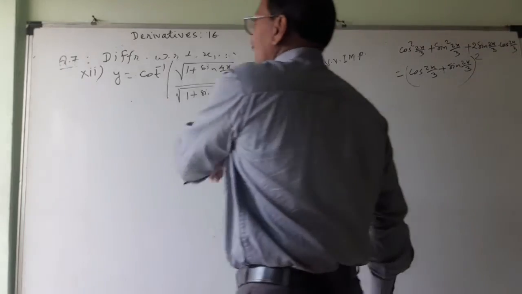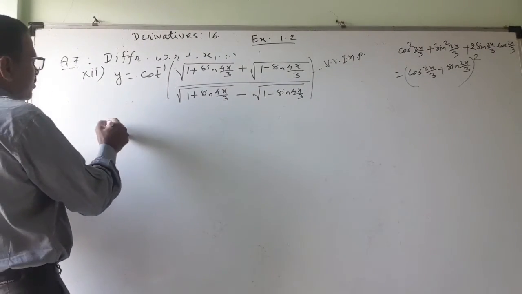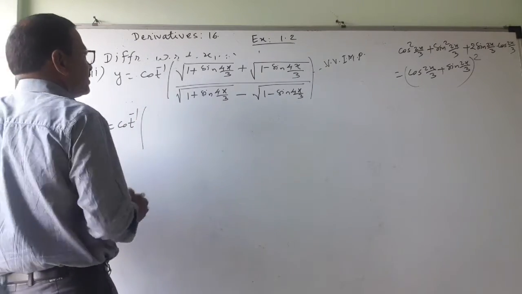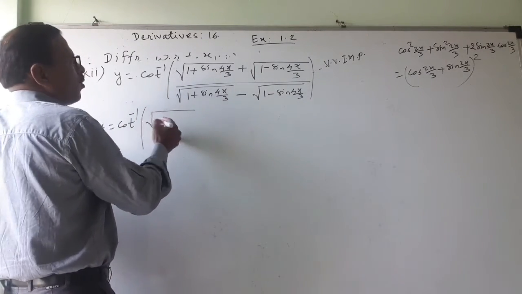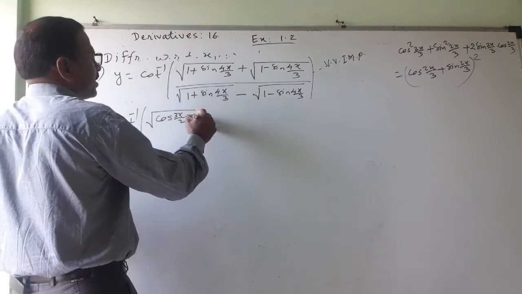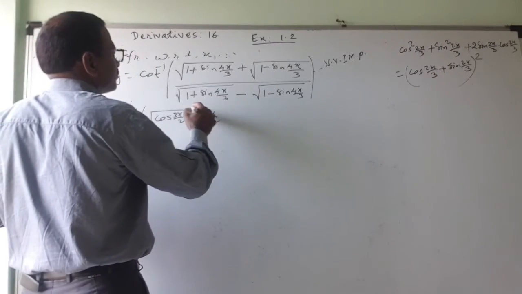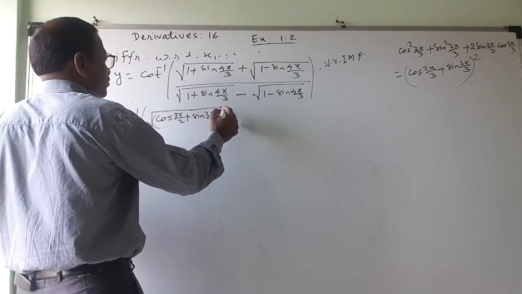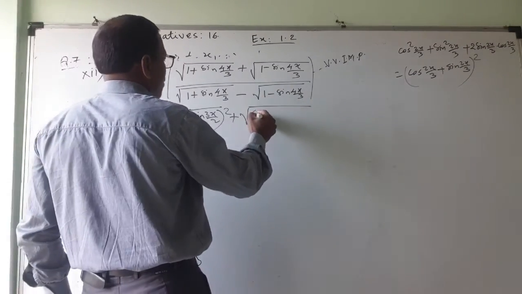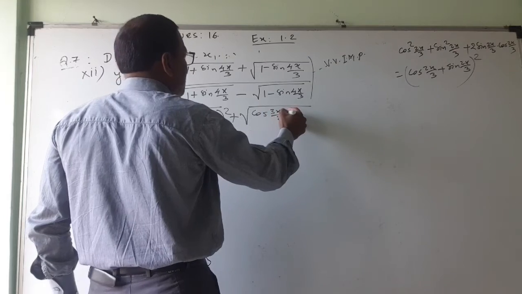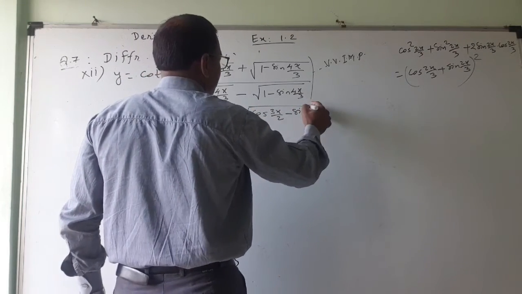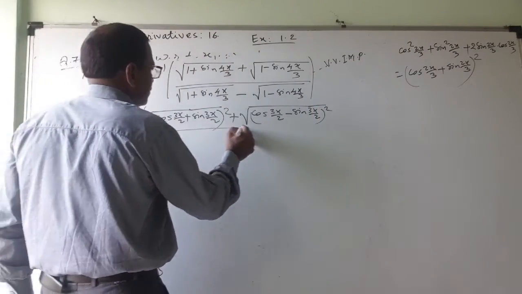So directly you can write this. y is equal to cot inverse of, bracket cos of 2x upon 3 plus sine of 2x upon 3 square plus, here it is minus, cos of 2x upon 3 minus sine of 2x upon 3 square. See how easy it was.